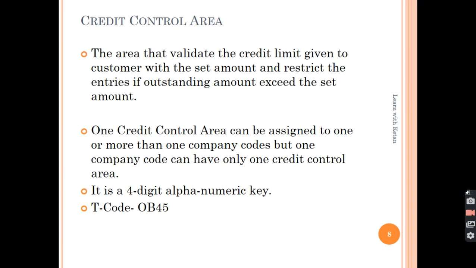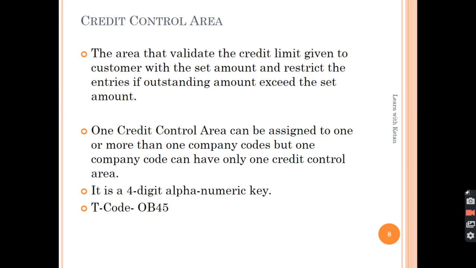Now you have only 1 lakh rupees to give as credit amount to your customer. You can't exceed 10 lakh rupees as set in the credit control area. So hope you have understood that point, that in credit control area the amount that we set will be applicable in a company code at the time of giving credit to a customer.